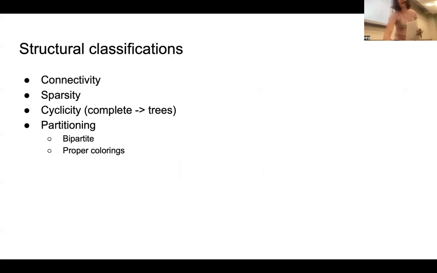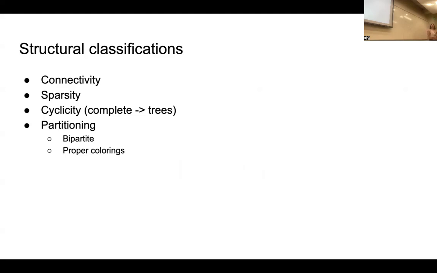So these are some more structural classifications of graphs. Because it's such a simple data structure, it's almost deceiving, because there are so many different structural classifications that we can extract from graphs. One of them is connectivity. The extreme example of this would be a complete graph, where every vertex is connected to every other vertex.